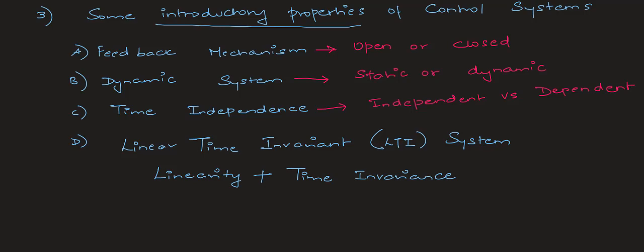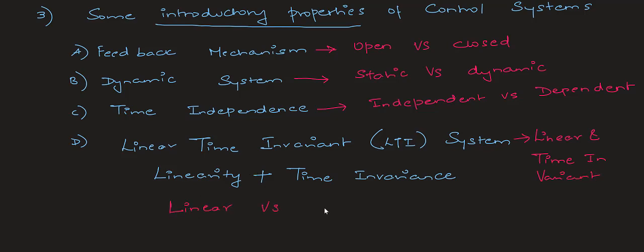So: open versus closed, static versus dynamic, and independent versus dependent. And for linearity, you have linearity versus non-linearity, and time variance versus time invariance. We will be seeing all this as introductory properties of control system.